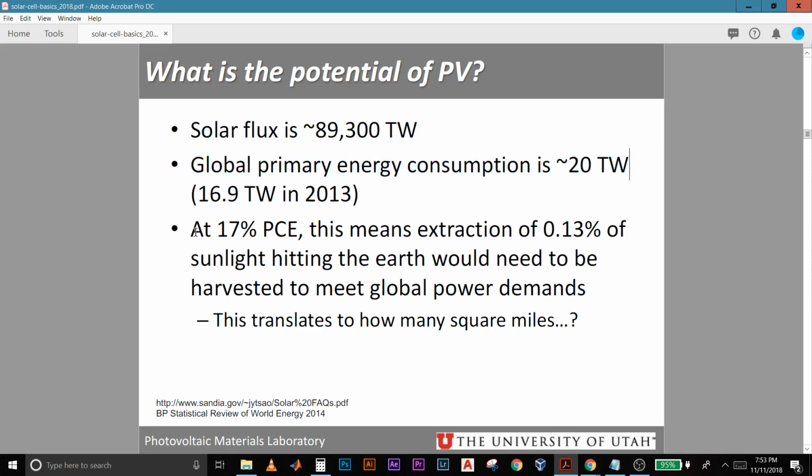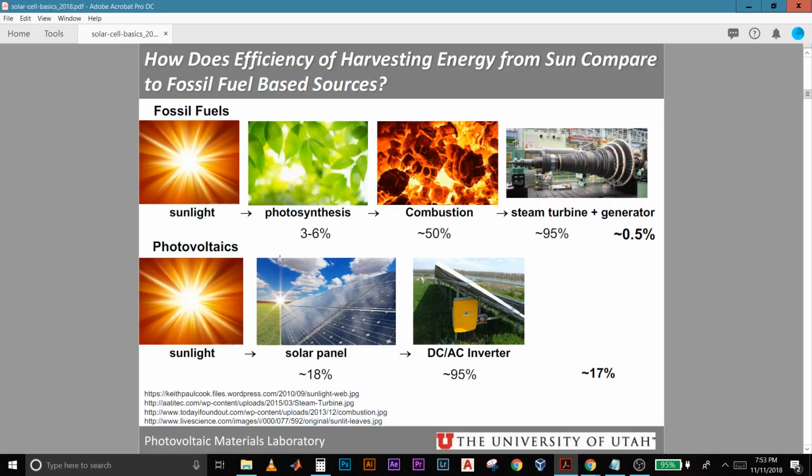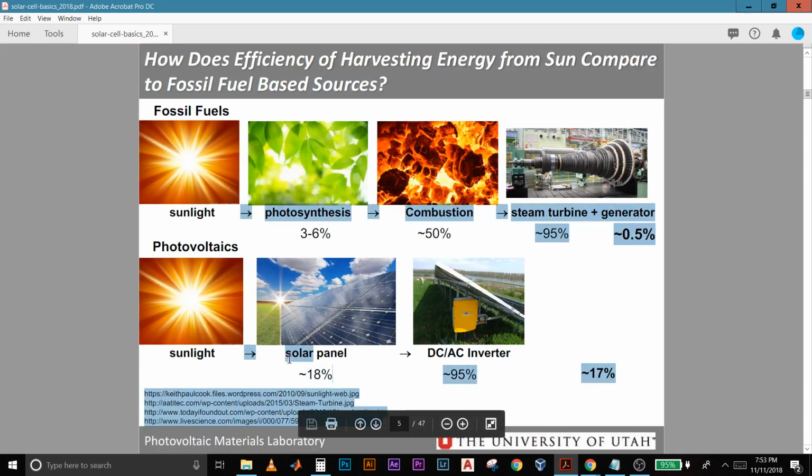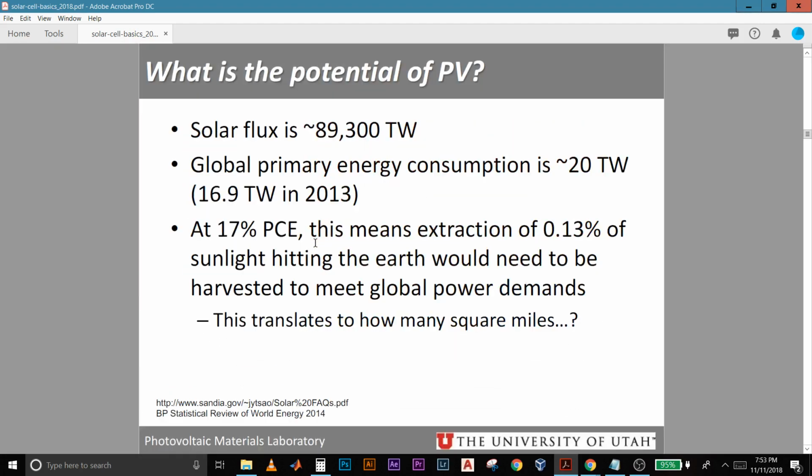So here's the question. Let's say we assume a 17% power conversion efficiency, which is at par with the average efficiency of solar cells, as we saw over here, that solar panels are about 18% efficient, being conservative of numbers.